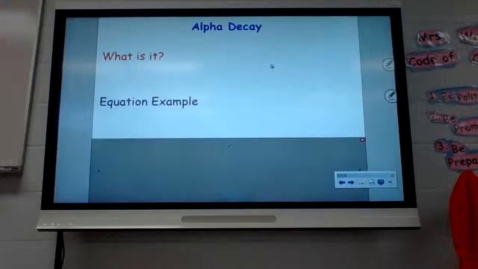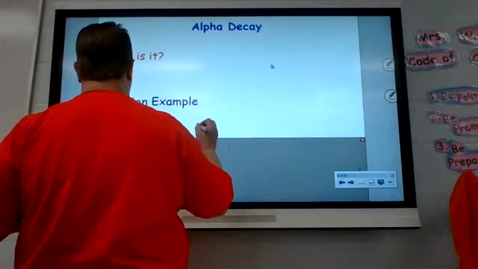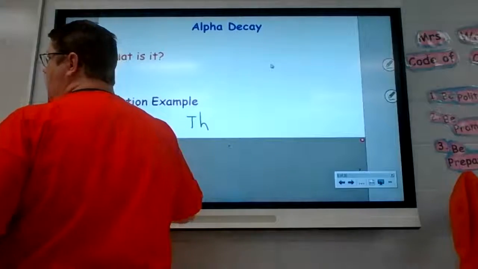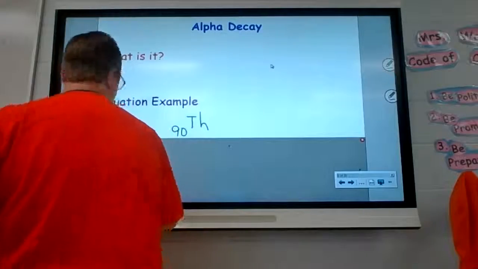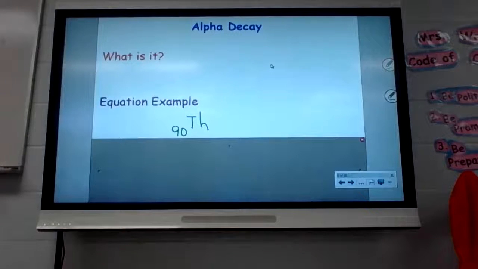And I wrote an equation on the board. So if I have something like, I'm just going to make one up today, and I'm going to use thorium, which we got yesterday as what I start with. So thorium has an atomic number of 90, and I don't know its mass, and I can't see that, so let me get a periodic table. It's 234.